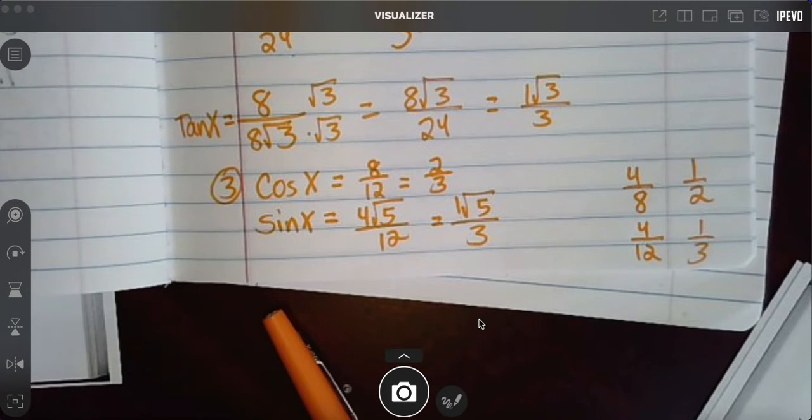See, and it didn't take long. The tangent on number 3 is opposite over adjacent. So you have 4 square root of 5 over 8. Did y'all get that? Is it square root of 5 over 2? Yeah. You just reduce. It reduced to 1/2. But your square root of 5 cannot go away. So you were right. Square root of 5 over 2.